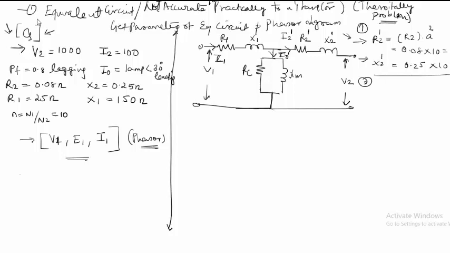And the second part is, what we have found out, I am just writing here: R2 dash is equal to 8 ohm and X2 dash is equal to 25 ohm.